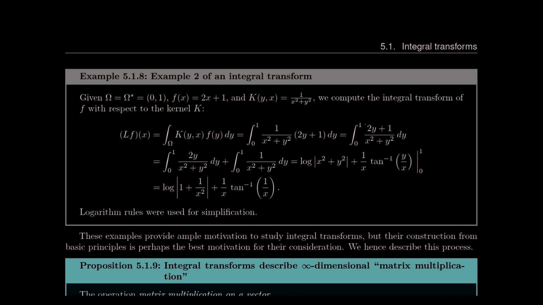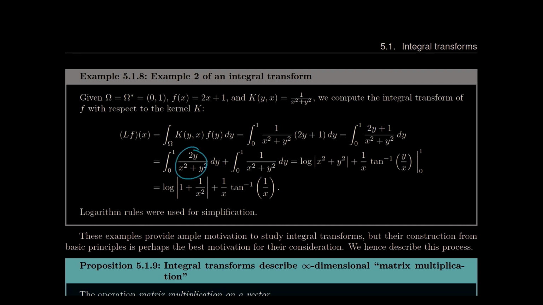Now, when I'm computing this integral, I immediately see that this term looks like a chain rule. If we're integrating in dy, it looked like a chain rule in the forward direction, which is also known as u substitution in the reverse direction. And then I'm also noticing that this looks a lot like the integral of arctangent, or the derivative of arctangent. So I'm going to split up my integral, add the plus sign in the numerator to just do 2y over x squared plus y squared, and then 1 over x squared plus y squared.